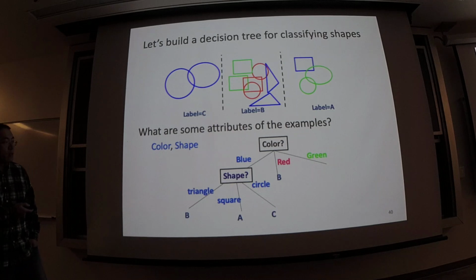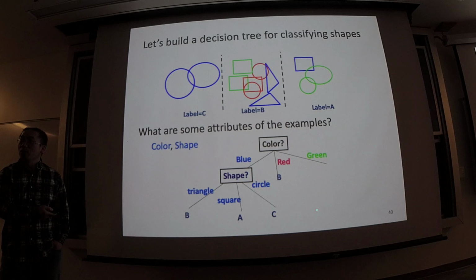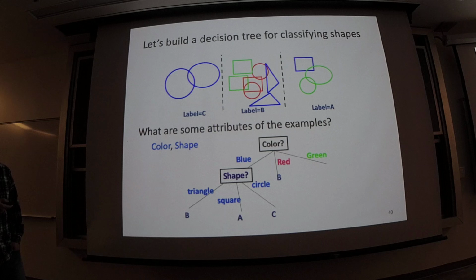So for the blue instances, if the shape is circle, we know all those blue circles have the same label C, right? So we reach the leaf and assign label to be C. And for blue instances which has the shape square, which label do we have?